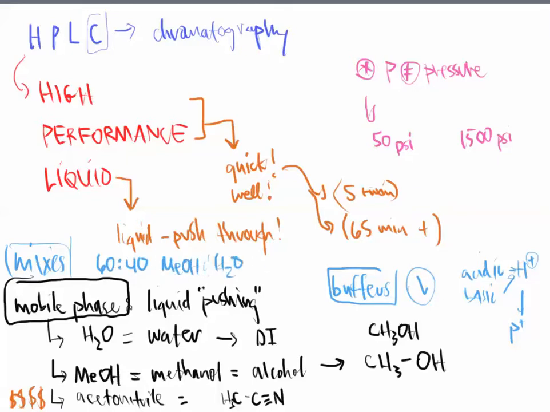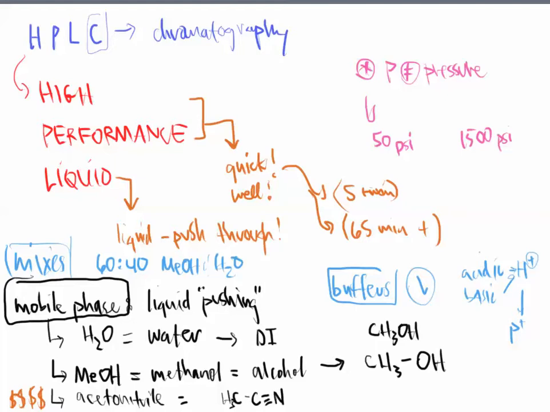What that means is that you need to make a mobile phase that's 60% methanol and 40% water. If I'm making 100 milliliters, I would take 60 milliliters of methanol and 40 milliliters of water, mix it together, and that is what I would run.